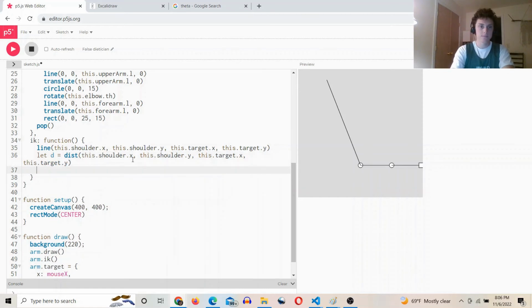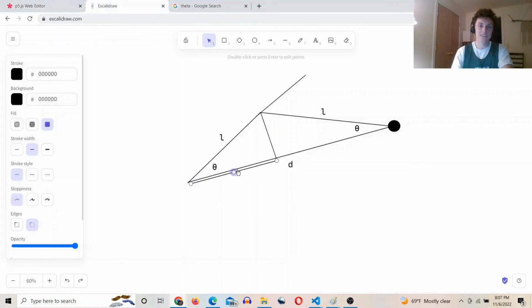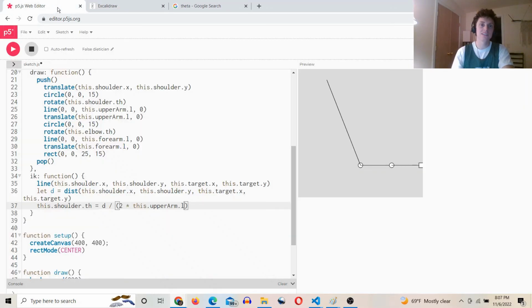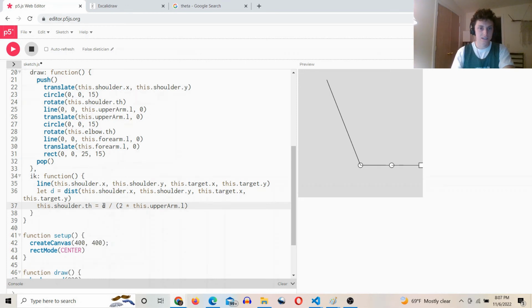And then we can say this.shoulder.theta equals d divided by 2 times this.upperarm.length. d divided by 2 divided by L equals cosine of theta. So we need to just take inverse cosine of all this.